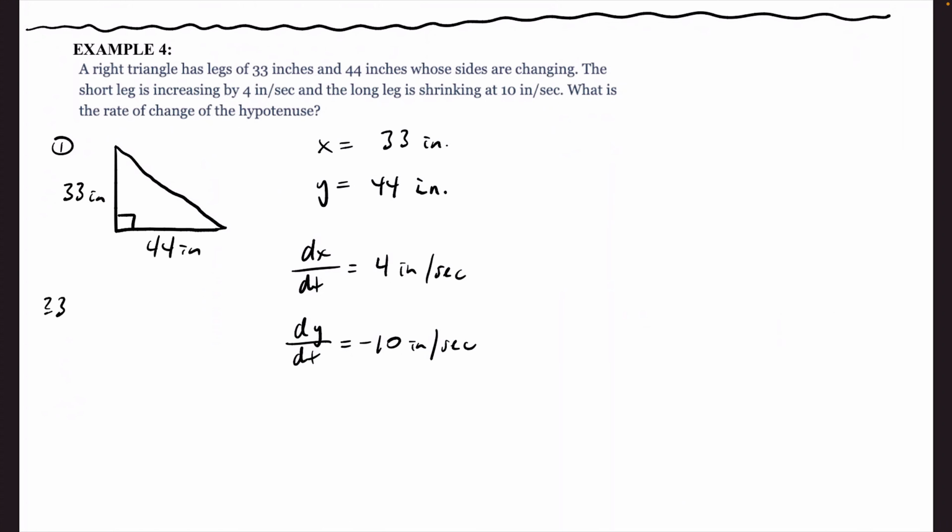So 33 squared plus 44 squared equals, since we're using x and y, I won't use c, I'll use z, because if I use a, b, and c, I don't want to mix them. So 33 times 33, if I remember correctly, is 1,089.